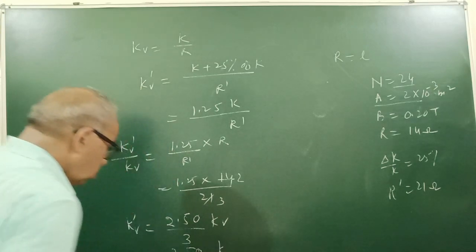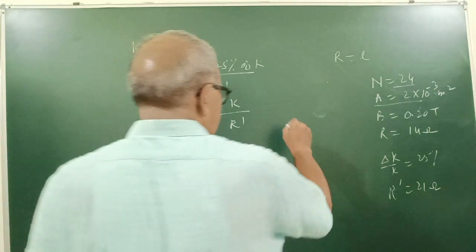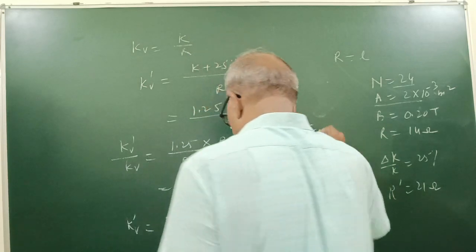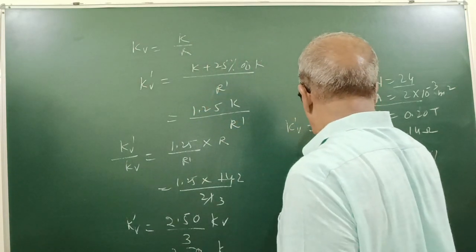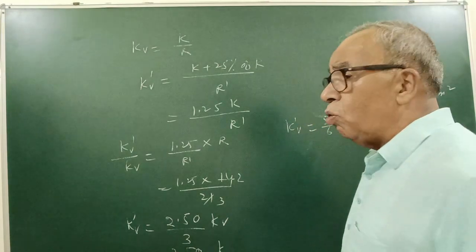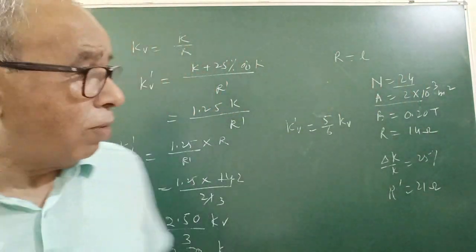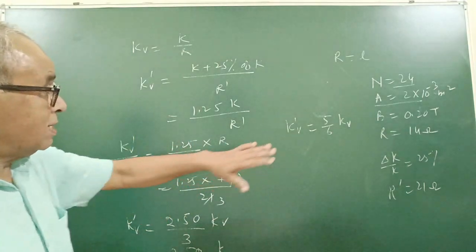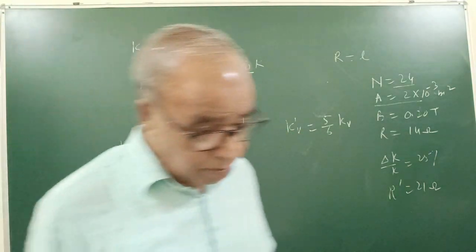KV dash is equal to 5 upon 6 of KV. So the new sensitivity will be 5 upon 6 of the original. It means it has decreased.